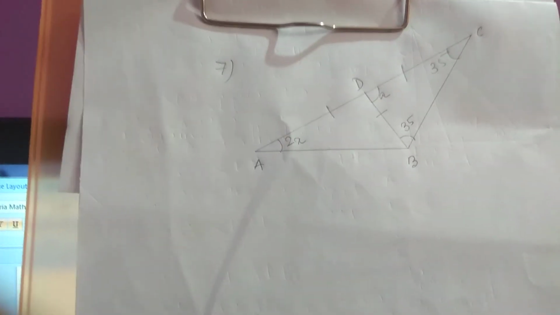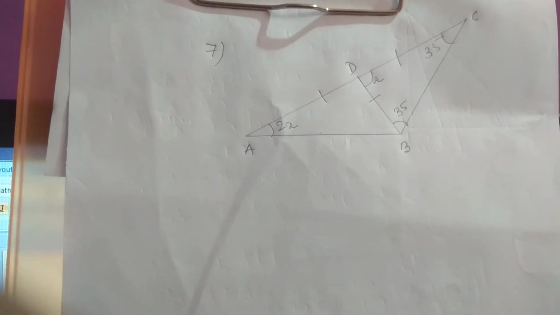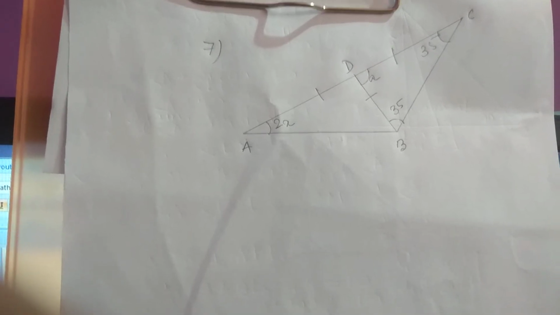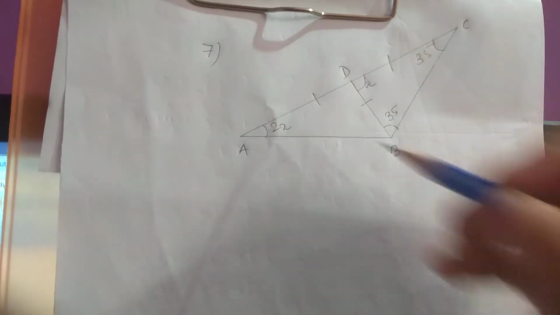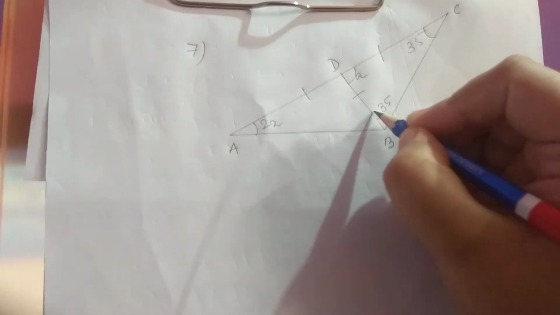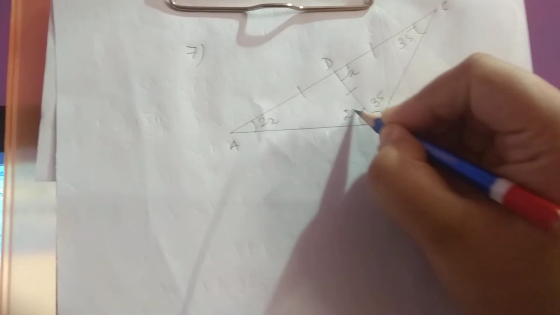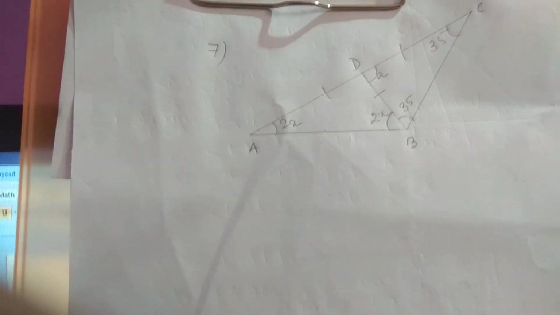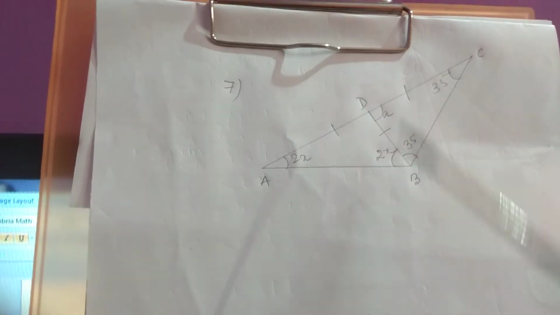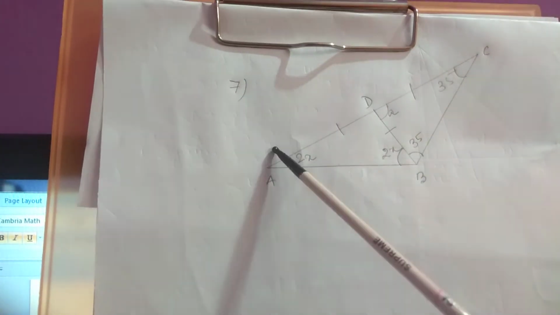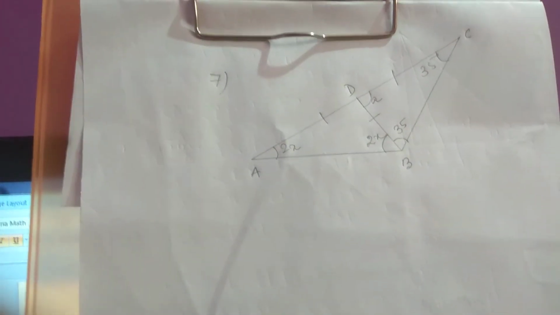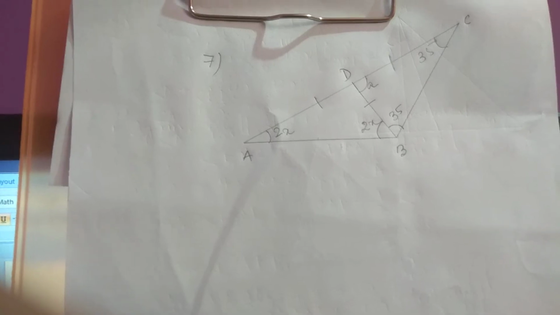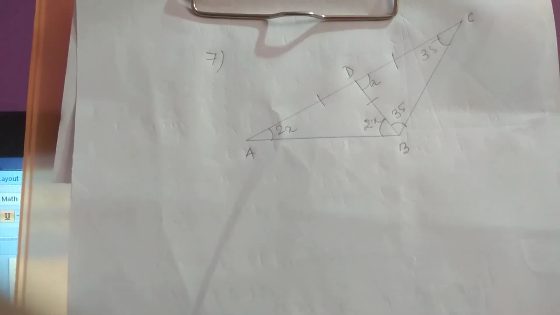So it is done. Then again concentrate on triangle ABD. There DA equals DB. So this is 2x, means this is also 2x. Now in this triangle ABD, these two are interior opposite angles and A is the exterior angle for them. From that we can find the value of x.